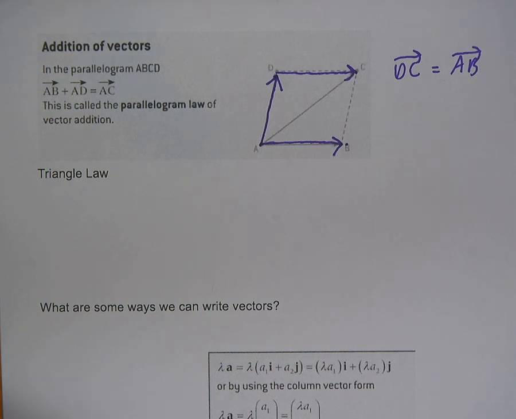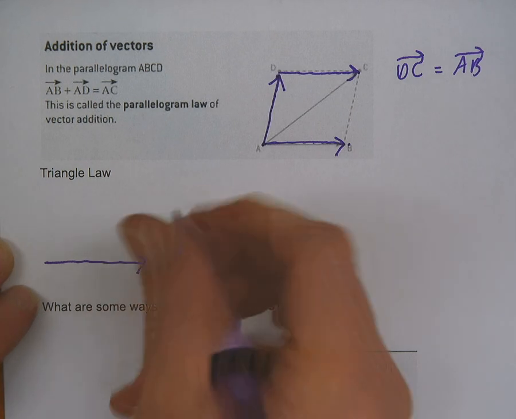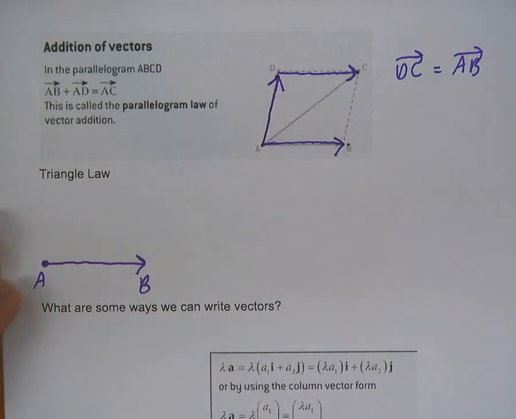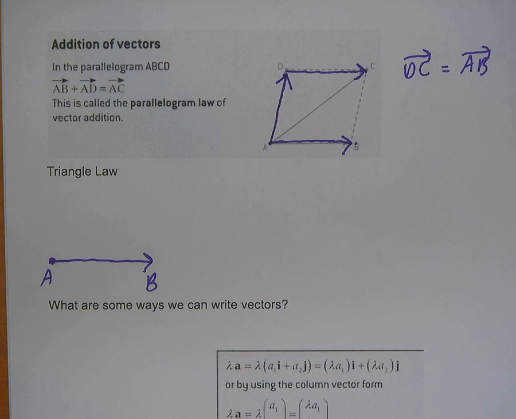The triangle law. The triangle law we've actually already used. Let's say that this is vector AB. You'll notice that now I'm using, instead of a lowercase letter, the terminal and initial points to represent the vector. We use this a lot when we're doing geometry problems with vectors because it's important to know where we're starting and ending.